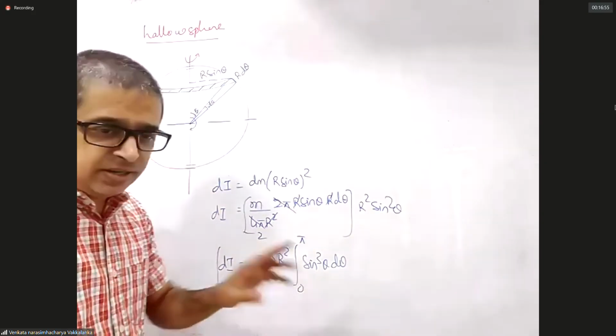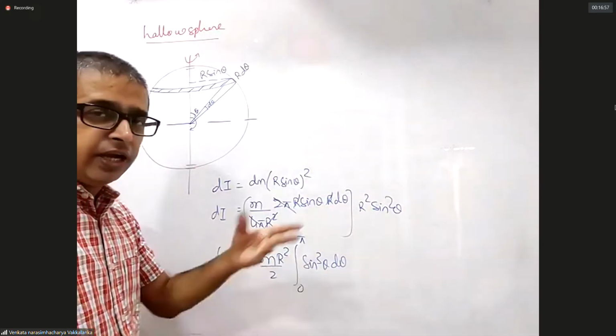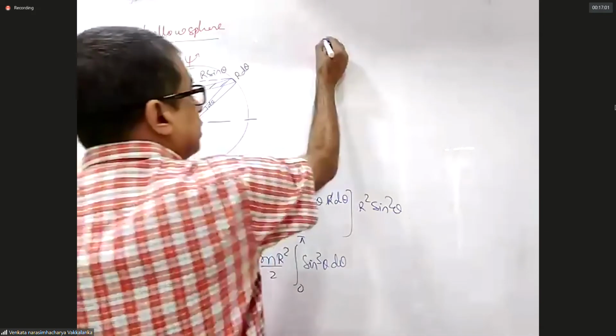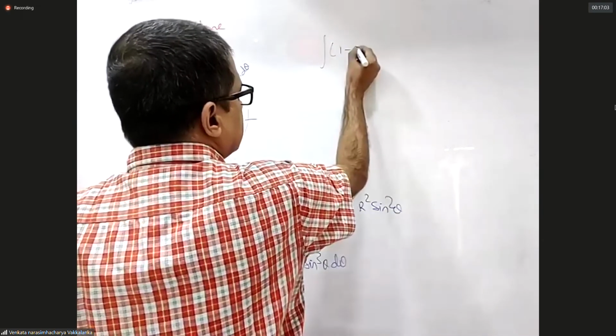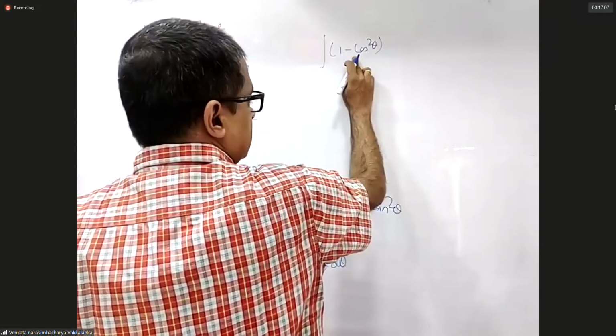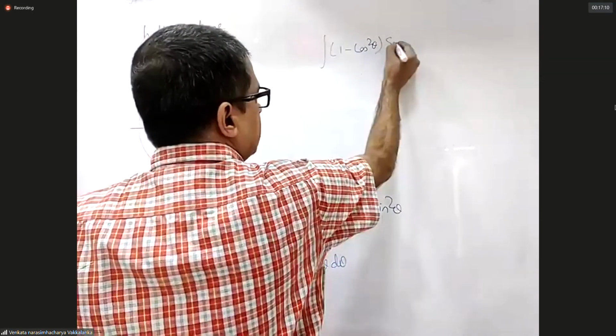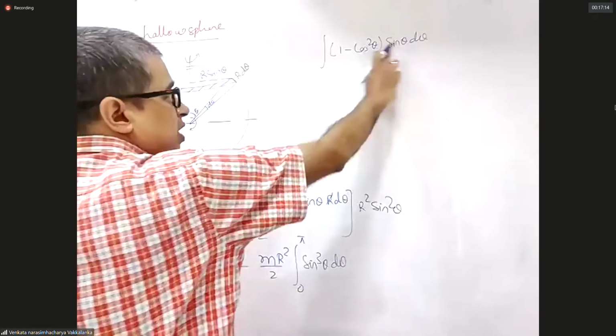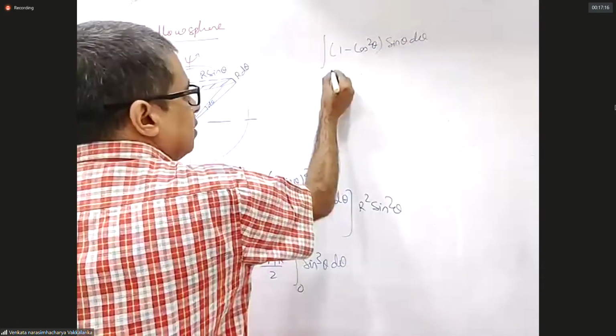Two possible ways as of now. One, I should know the formula of sin 3 theta, or write sin cube theta as 1 minus cos squared theta, which is sin squared theta, into sin theta d theta. Sin cube theta I wrote as sin squared and sin.